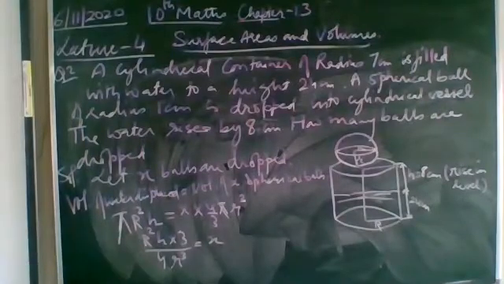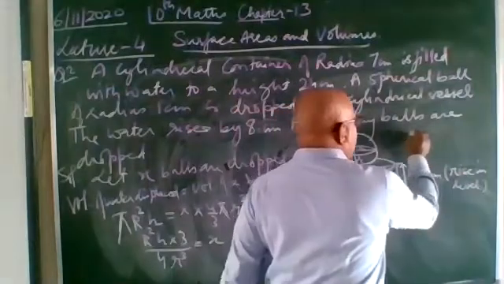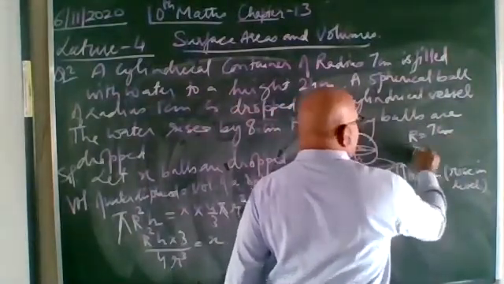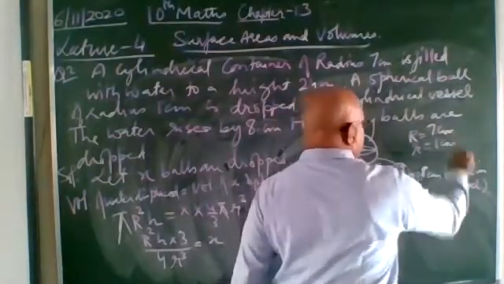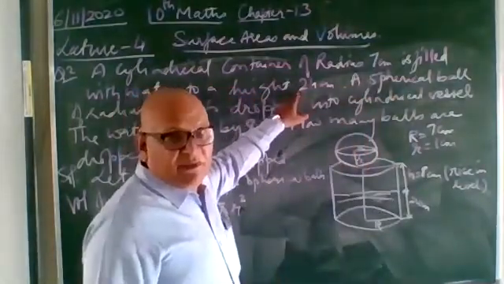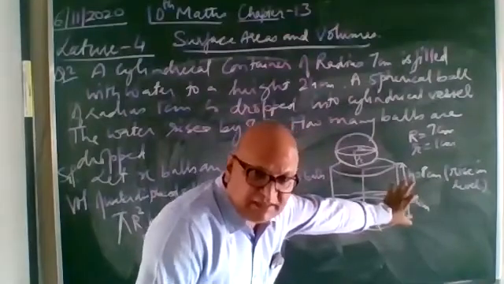Capital R, you know, R is what? 7 centimeter. Small r, 1 centimeter. This 24 centimeter. This is what? Height of water in the cylindrical vessel.